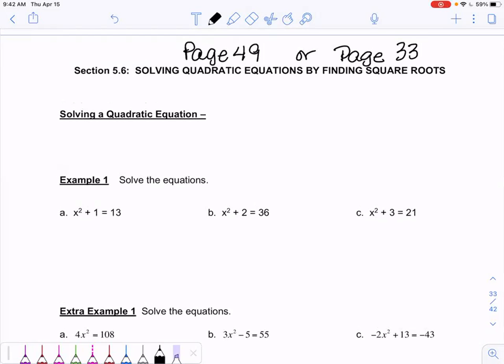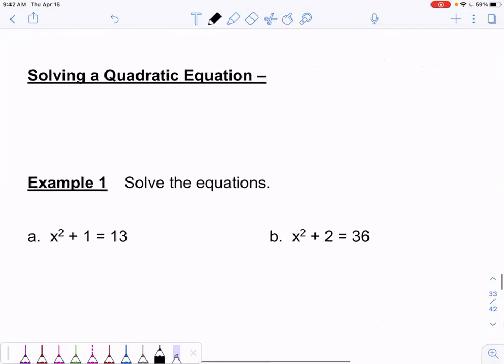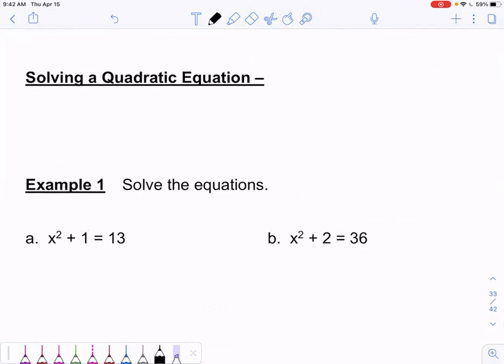49? Okay. All right. So as you can see in example 1, we have equations that we're going to solve, and we're going to start off pretty easy, straightforward. But we're going to start off with some steps first. So solving a quadratic equation, a couple of short little steps that we're going to talk about.